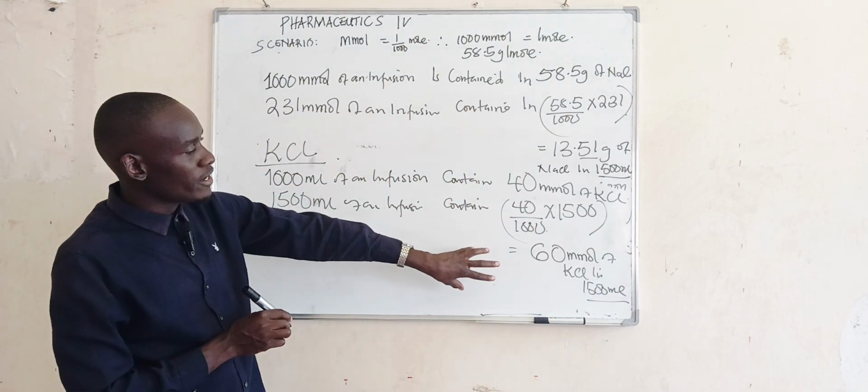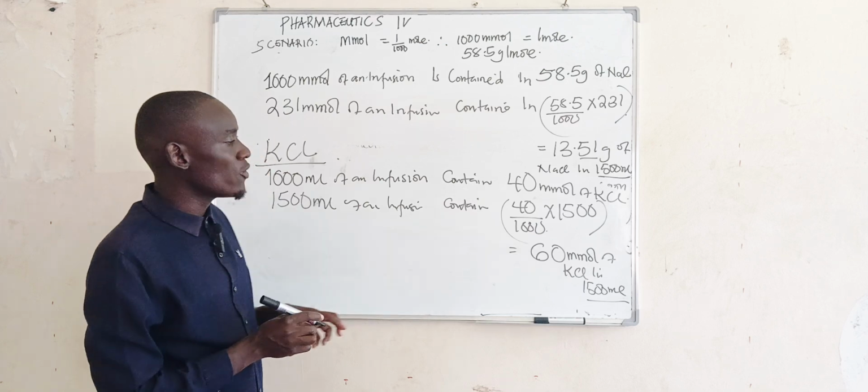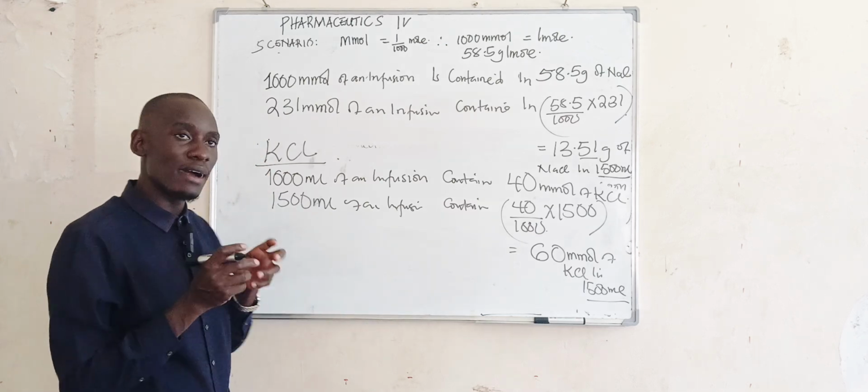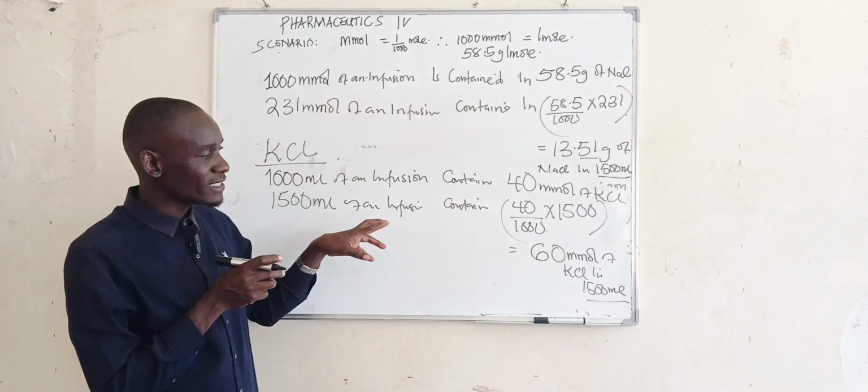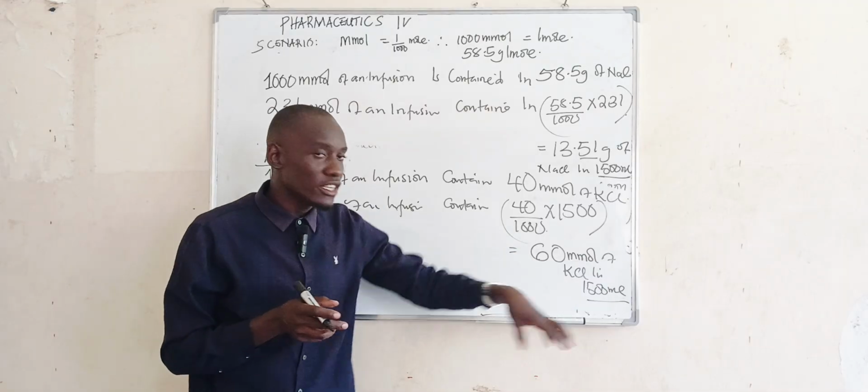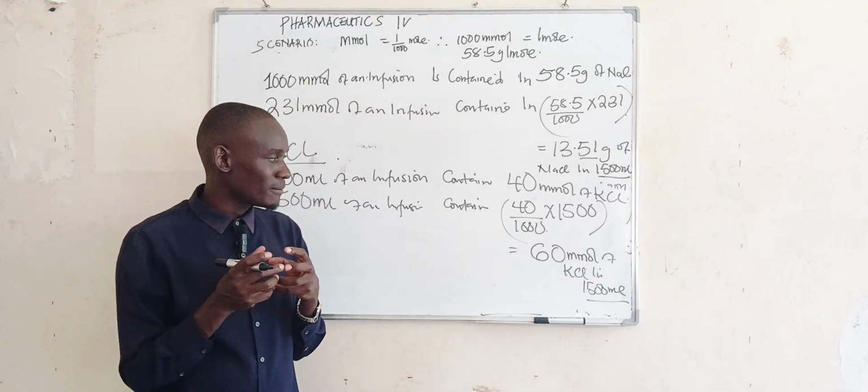So after obtaining what is in 1,500 mils, remember our aim is to convert the millimoles into weighable quantities.